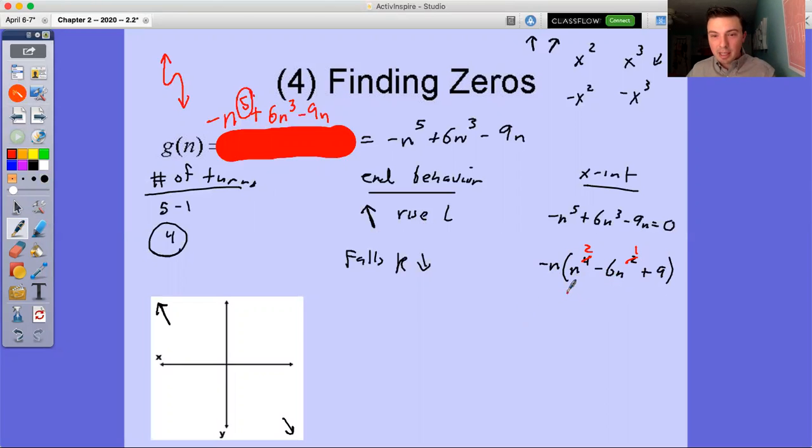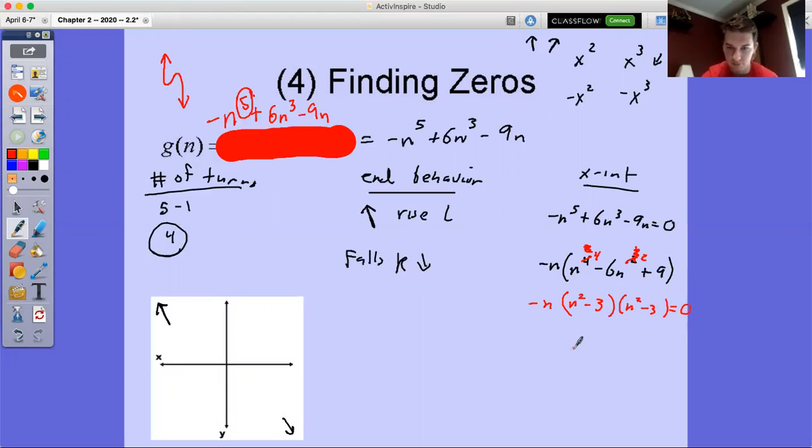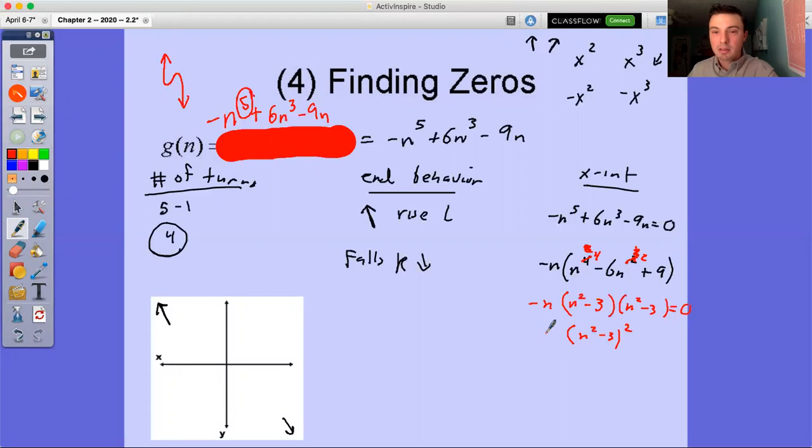It's just when it factors, it's going to factor into n squared and n squared rather than n and n. So this is still a 4, and this is still a 2. It just has to factor the other way. So it's going to be n squared minus 3 and n squared minus 3. That's how we can factor this. So it's kind of like n squared minus 3, squared.